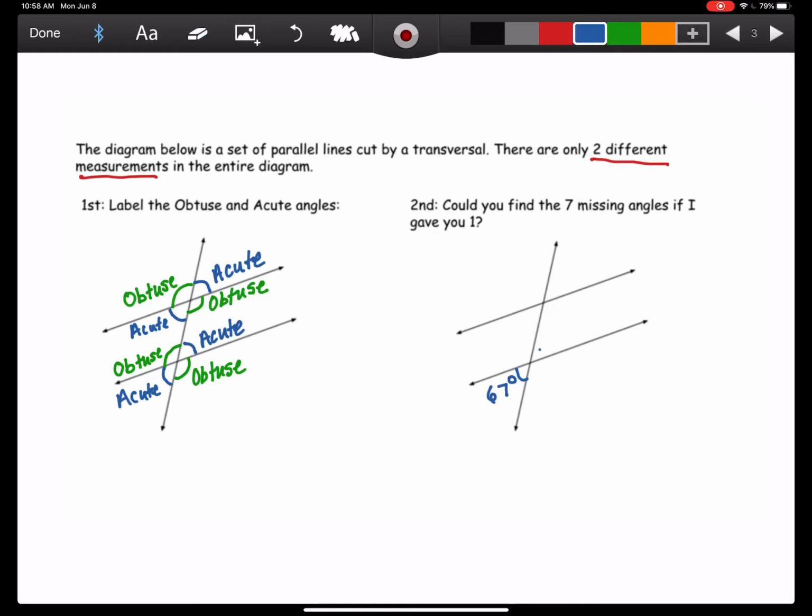So that would mean that this angle is acute, this angle is acute, and this angle is acute. And what do we know about all 4 of these angles? They're all the same. In this diagram, all 4 acute angles are equal.